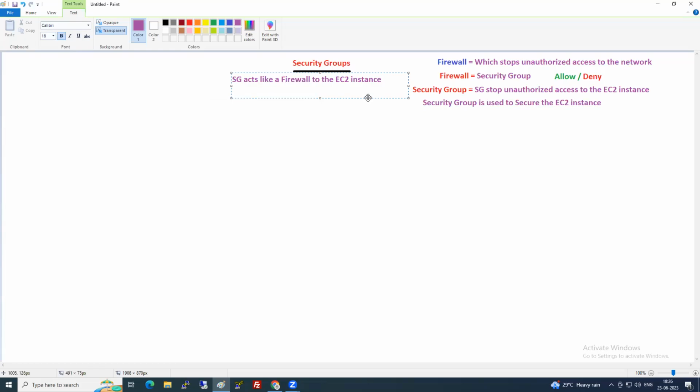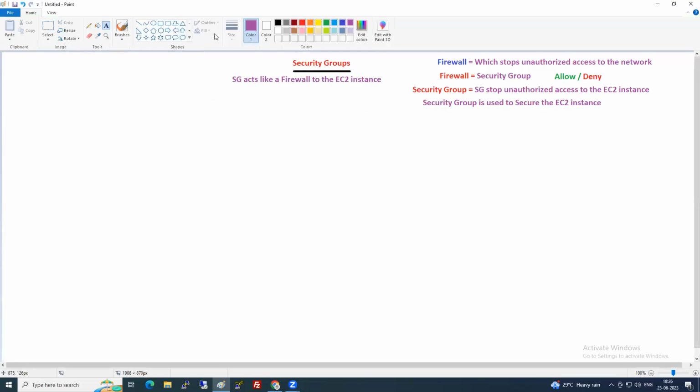Okay, first I'll try to put a diagram for you. Do you remember in starting we wrote this? On the outer layer is what? Outer layer is AWS, right?